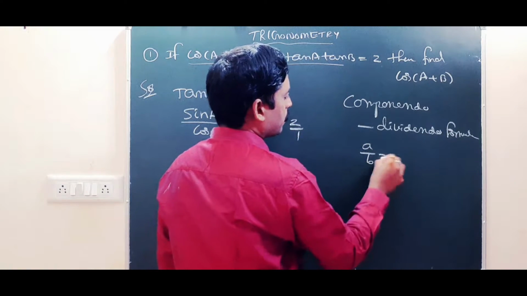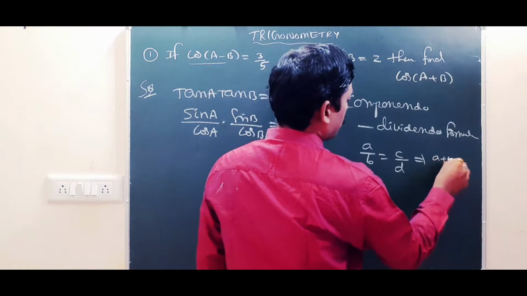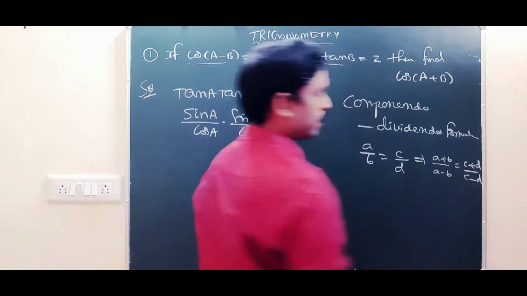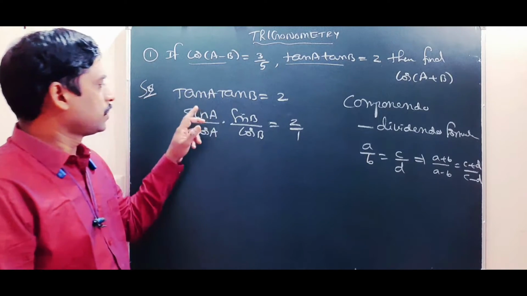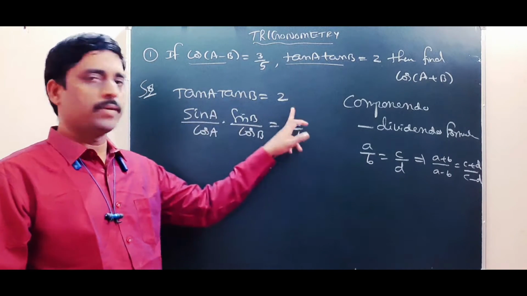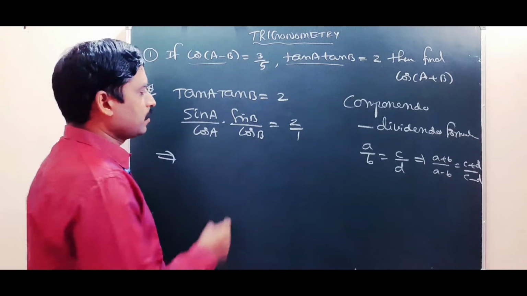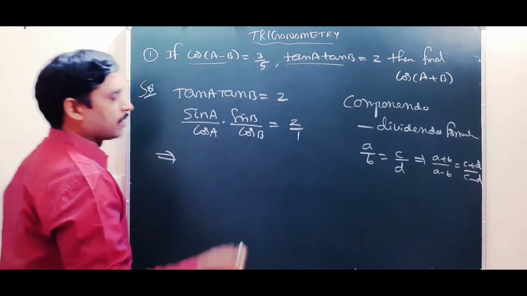If A by B equals C by D, that implies A plus B by A minus B equals C plus D by C minus D. We should apply this formula. This is in the form of A by B equals C by D.